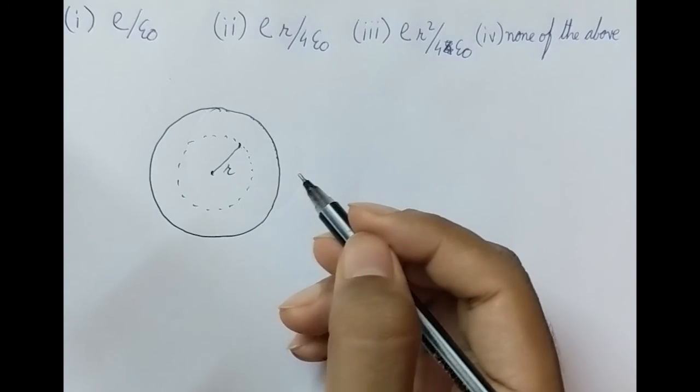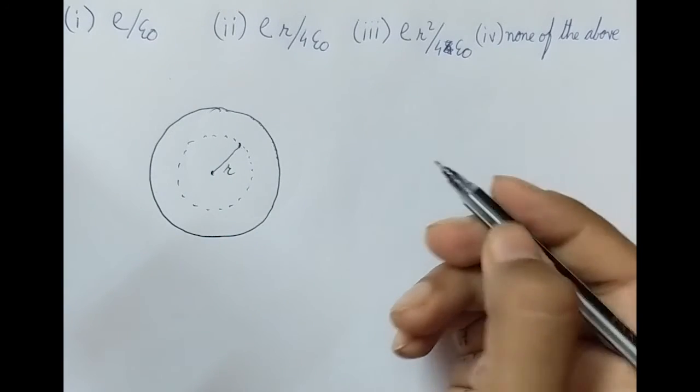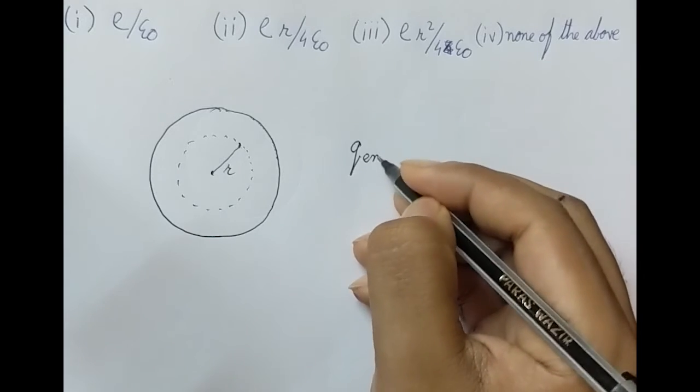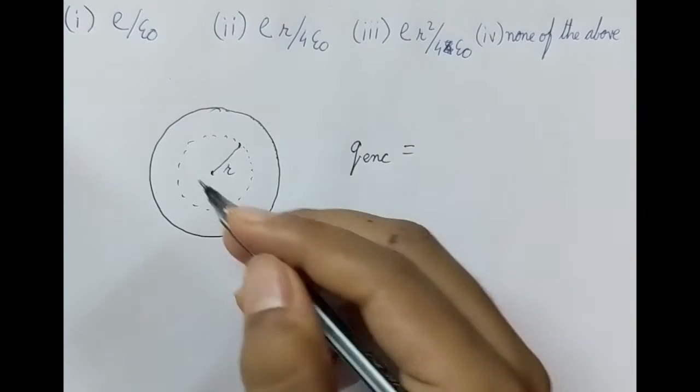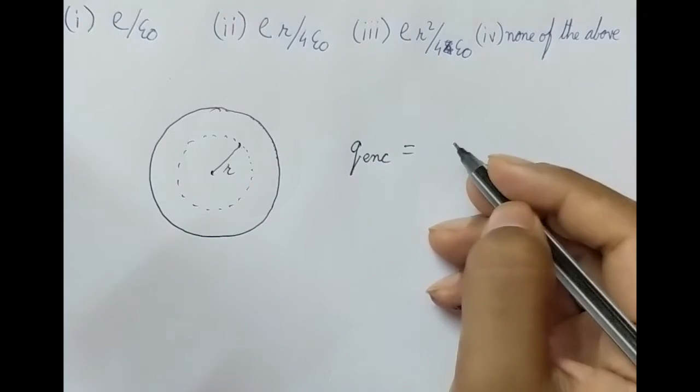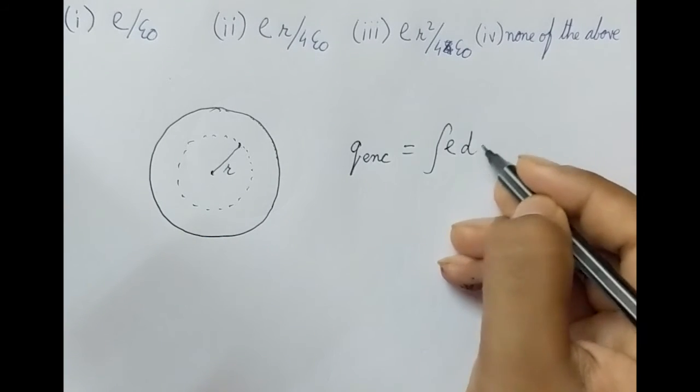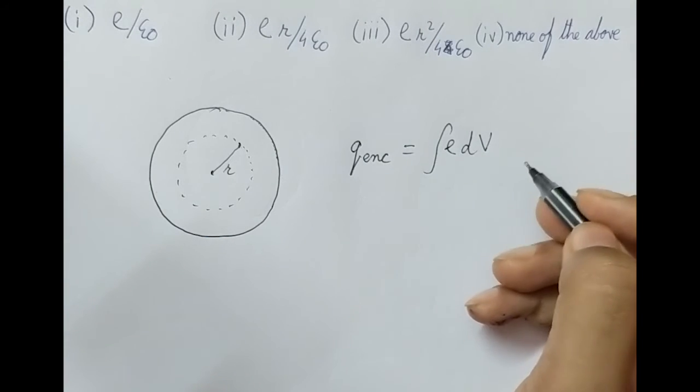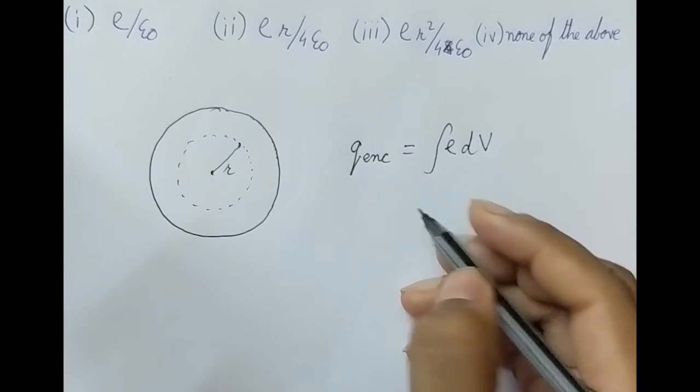To find the electric field and to apply Gauss law, we need the enclosed charge, Q enclosed. The enclosed charge in a variable charge distribution is given by rho dV, the charge distribution into the differentiable volume element.